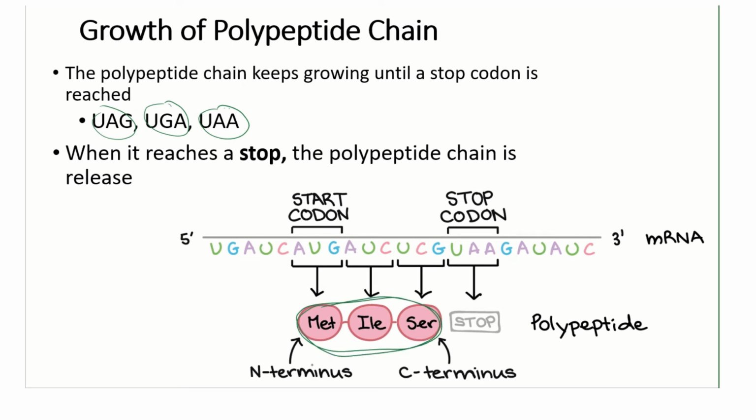Here we have our start codon, AUG, and then we've got these other codons coding for these amino acids, and then here's our stop codon, so we no longer are producing the polypeptide chain. That's the end of it.